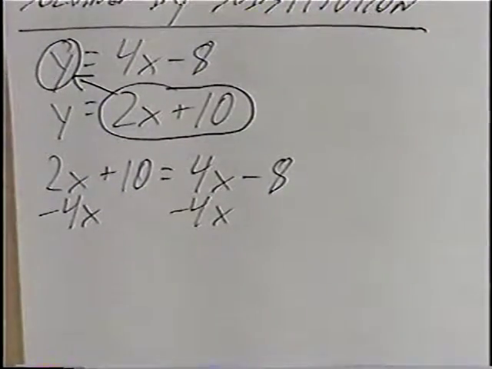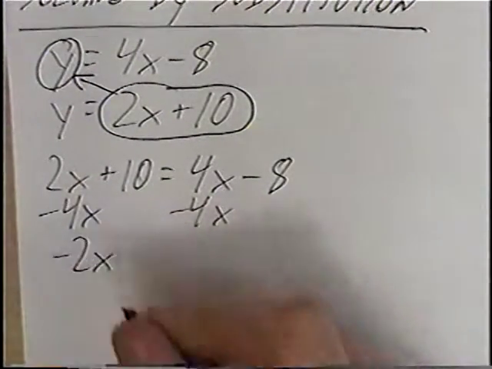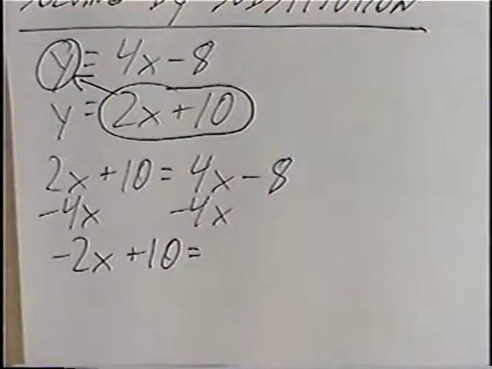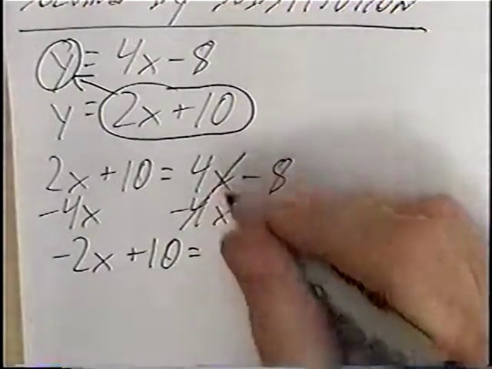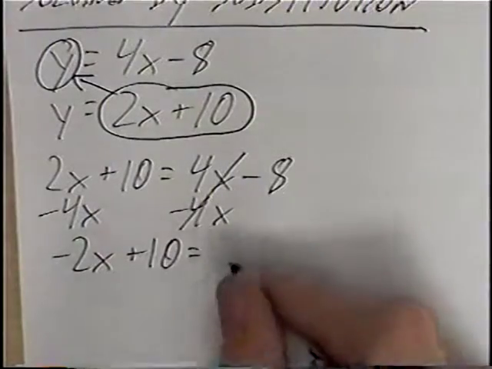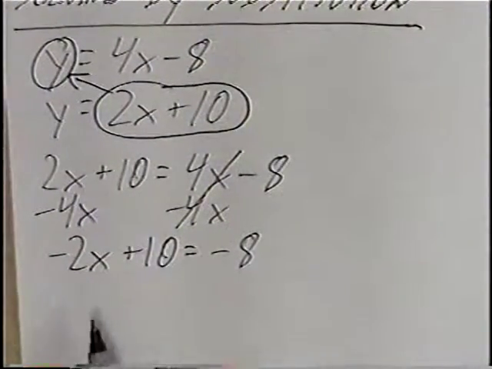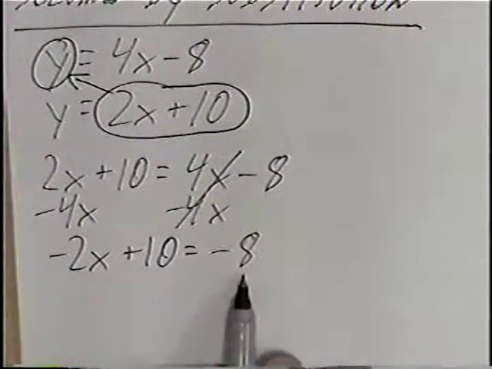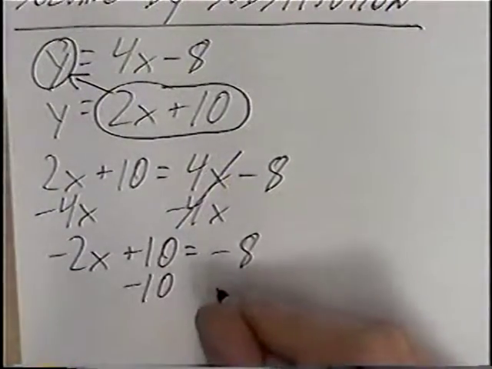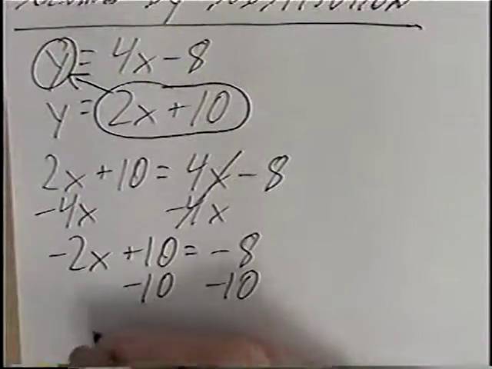2x minus 4x would be negative 2x plus 10 equals, 4x minus 4x would cancel, and we're left with negative 8. Solving again for x, moving a positive 10 to the opposite side, we can do the opposite by subtracting 10.